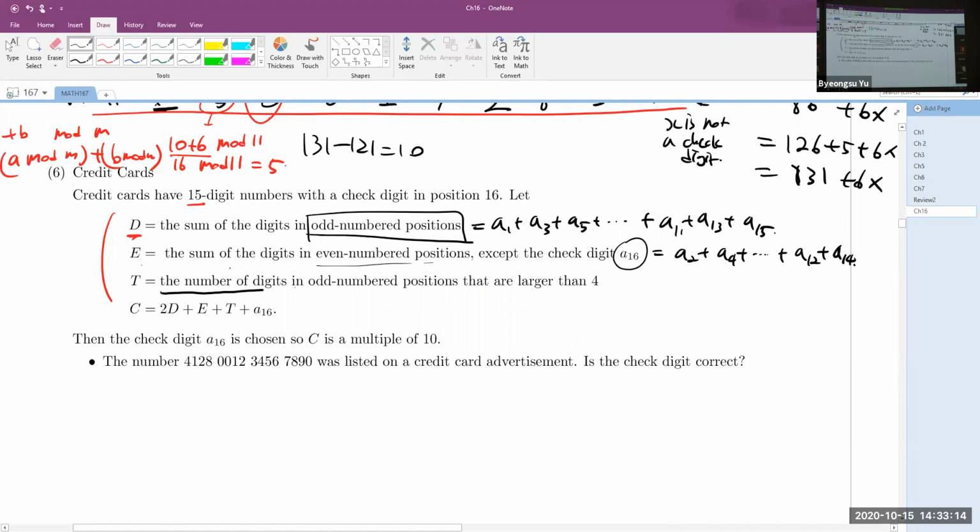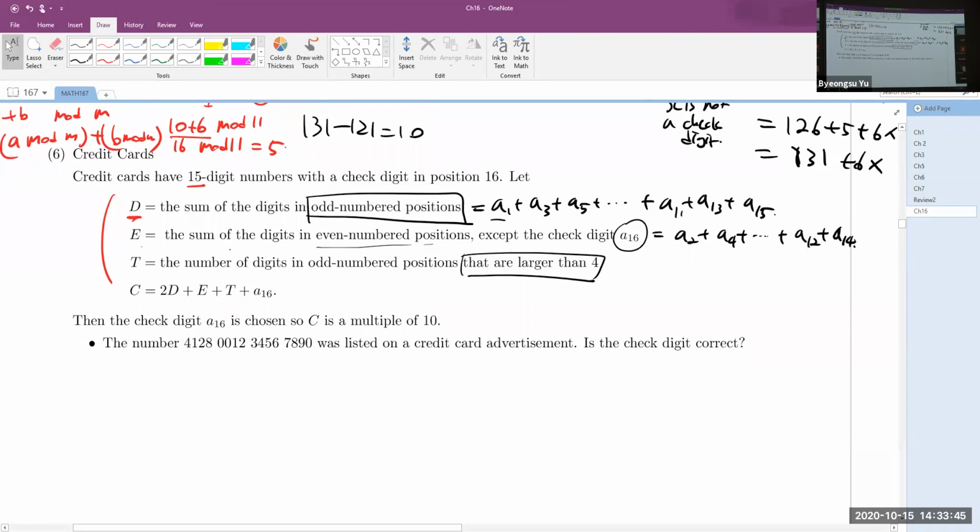Then T is the number of digits in the odd number positions that are larger than 4. Even if it is the same as 4, you don't count it. So you compare whether A1 is greater than 4. If A1 is one of 5, 6, 7, 8, 9, then you add it. But if A1 is less than or equal to 4, if A1 is 0, 1, 2, 3, 4, then you don't add it, right?